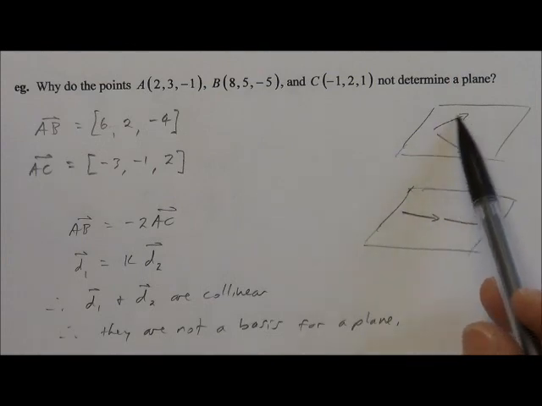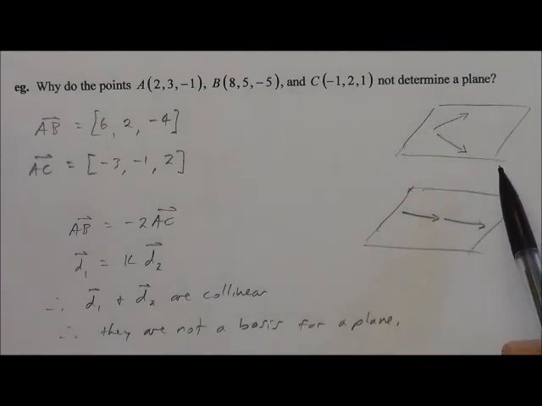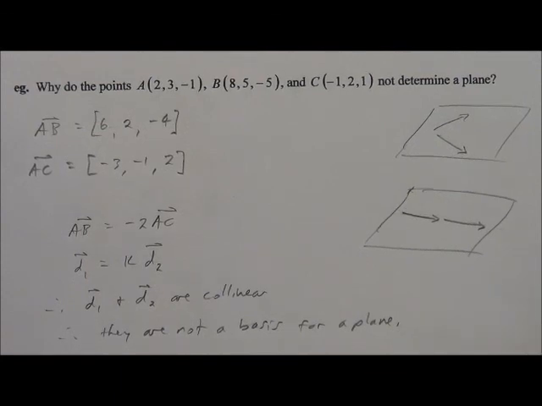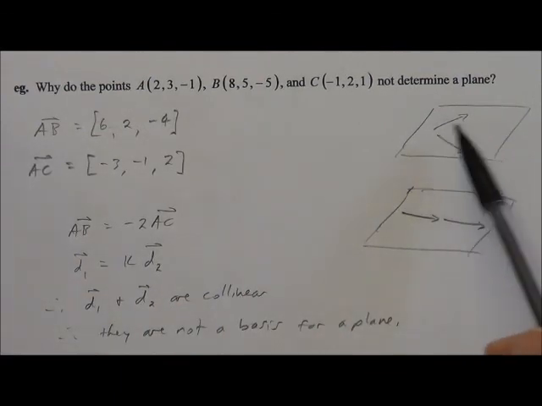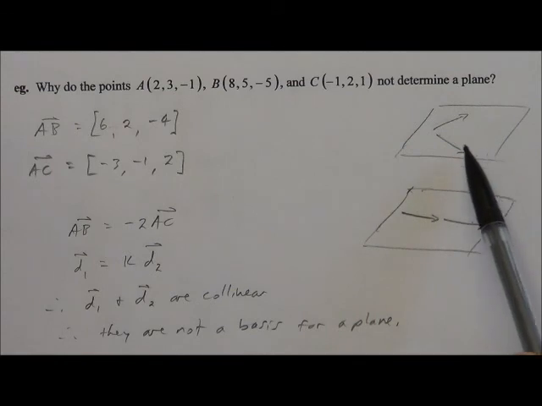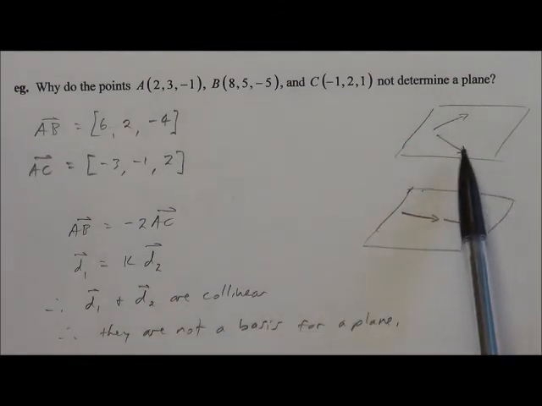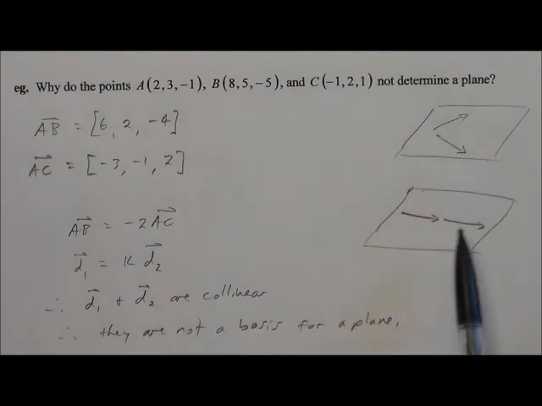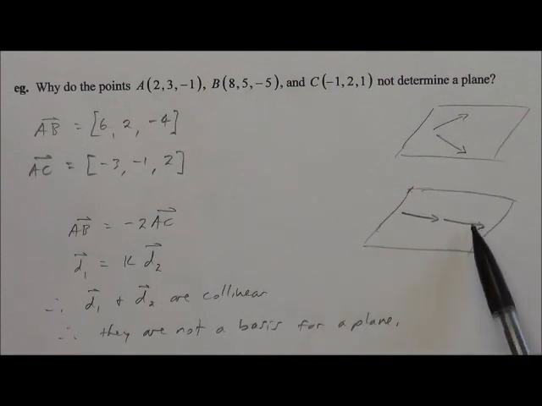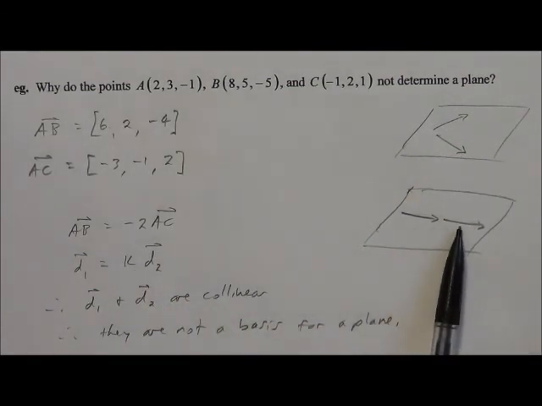Whereas with a basis of two non-collinear vectors, think of two pencils and a paper lying on top of them: there's only one way that paper can lie on top of them, whereas with a line it could rotate all the way around. So because these two direction vectors are collinear, they basically form a line, and therefore they cannot determine a plane.